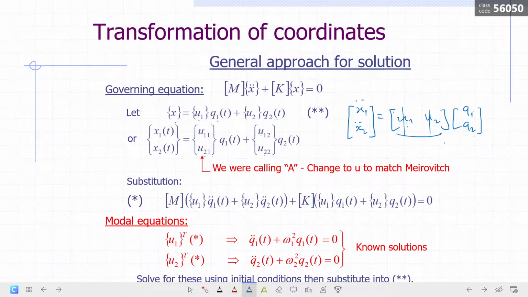So this matrix is constant. When you take the time derivative of h, it means you take the time derivative of q as well, right?